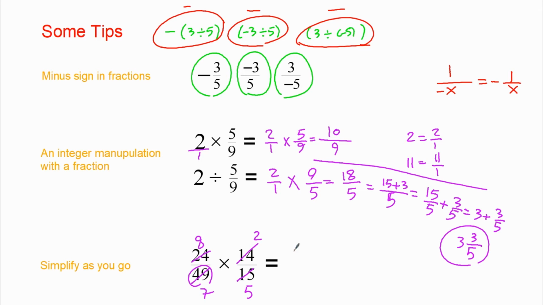So the final answer would be 8 times 2, which is 16, divided by 7 times 5, which is 35. This is a much simpler way of solving this than directly multiplying those numbers and trying to simplify large numbers after that.